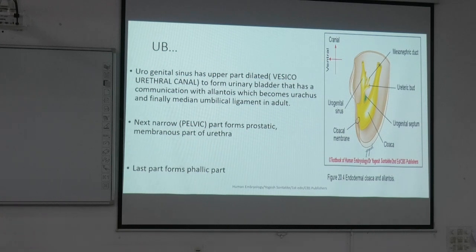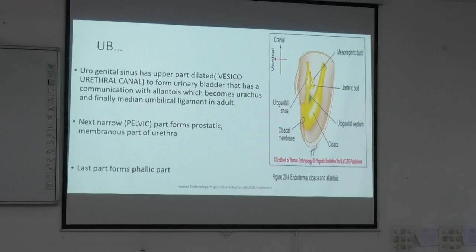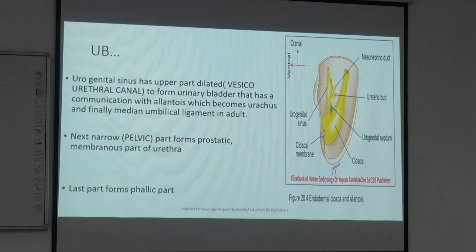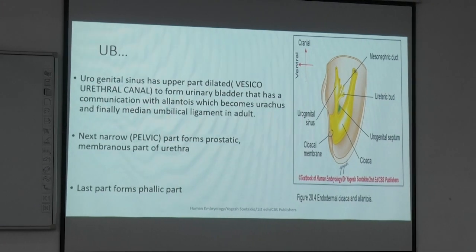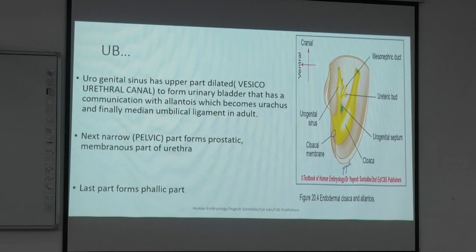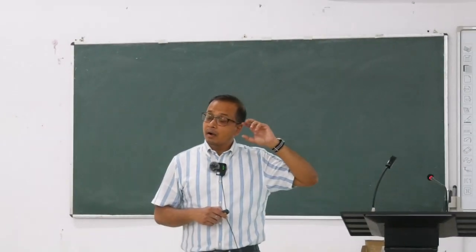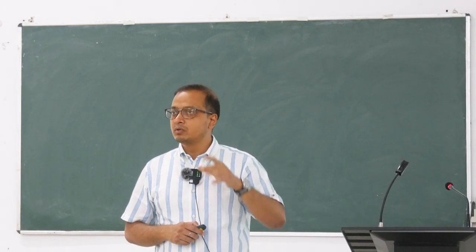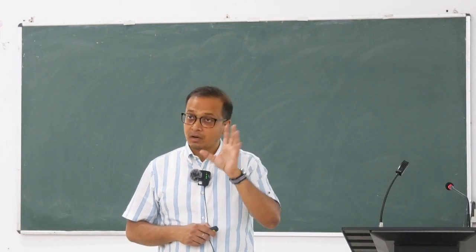Now this urogenital sinus has a channel, a communication with the umbilicus. We call this communication the allantois. This tube, known as the allantois, is very important to note. Such a kind of communication remaining in the gut as a diverticulum, if it remains, we call Meckel's diverticulum, which is like a yolk sac communication, a similar kind of thing.